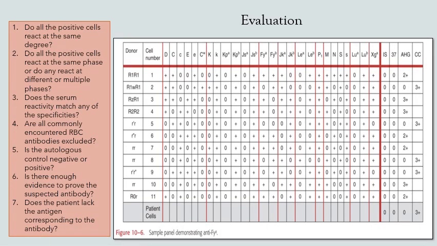In the figure, you will notice that the check cells have a 3+ reaction in all panel cells that have a negative reaction in all phases here. So, meaning these tests were done properly.